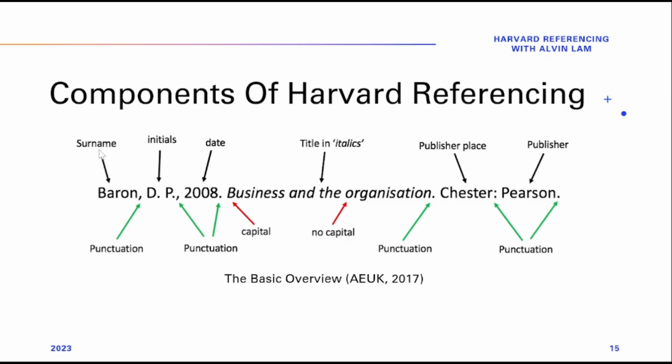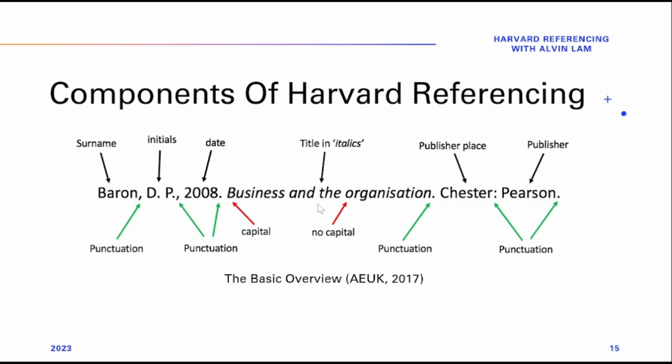First, you have the surname. In this case, Baron is the surname of the author, followed by the initial of the author. And then we have a comma here, a punctuation, another comma here, the date of the paper, and the title, Business and the Organization, is the title.